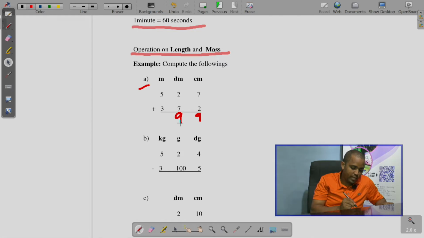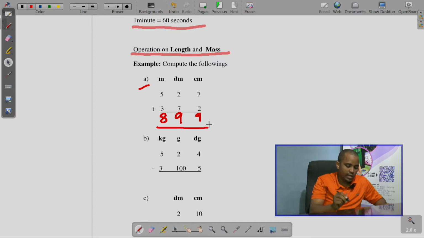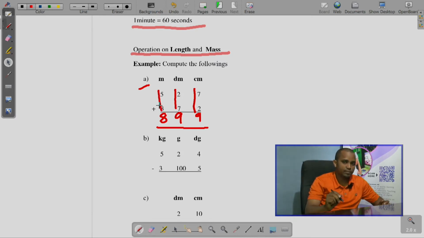And also, if you add 5 and 3, the answer will be equal to 8. So this is how we add lengths. As you see, for example, these are lengths. Those are in centimeter, those are in decimeter, and those are in meter.